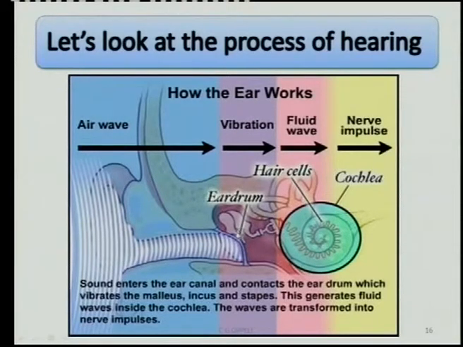Then the eardrum starts vibrating, and you see the air wave is turned into vibration. And then it goes through the three ossicles, through the oval window, it enters the cochlea, and then it enters the fluid. So the vibration is then converted into a fluid wave, and then after it has gone through this, the auditory nerve, you see, it is then turned into a nerve impulse.